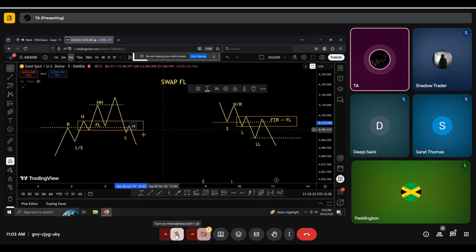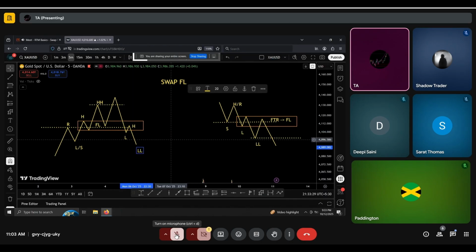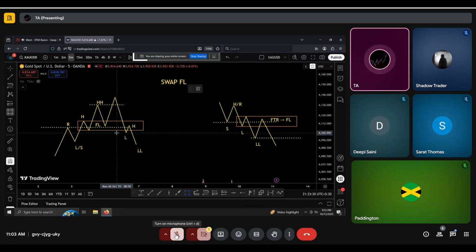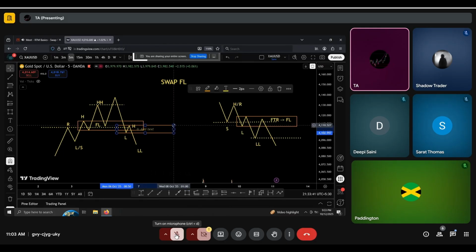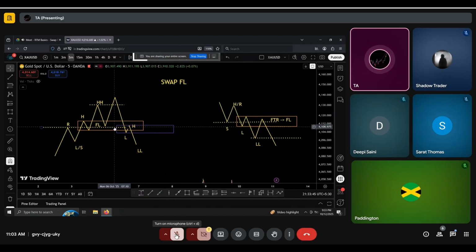And then again makes a lower low. So now this zone, low to high, we will change its color. So this purple box will be called SwapFL.